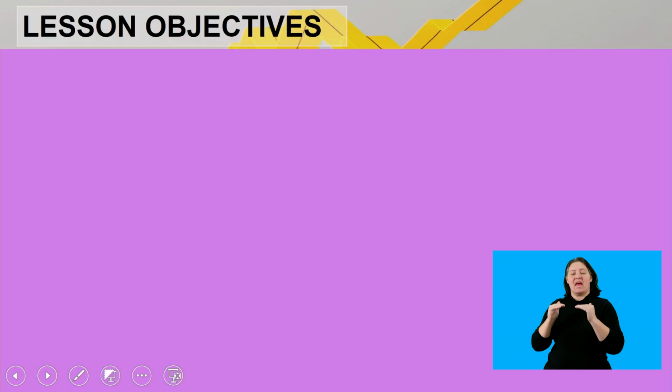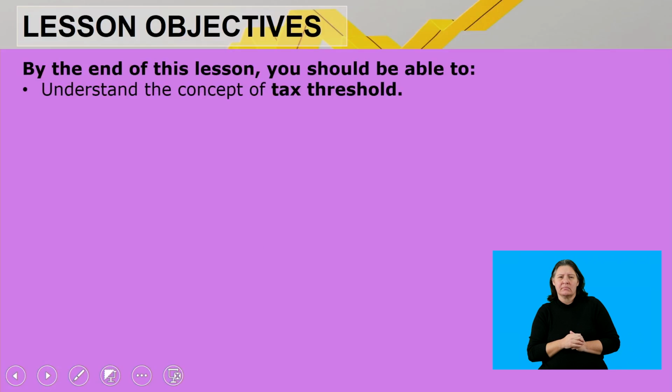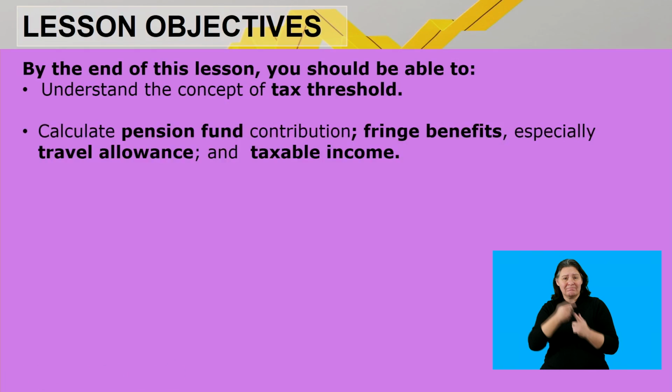So what is it that we can expect of today's lesson? By the end of this lesson, you should be able to, first of all, understand the concept of tax threshold. You must be able to calculate pension fund contribution, fringe benefits, especially travel allowance, and taxable income.